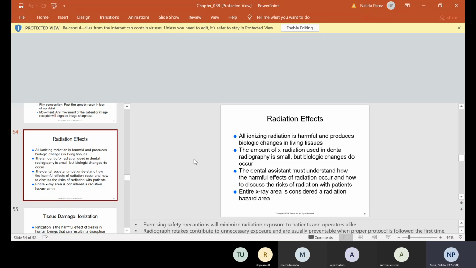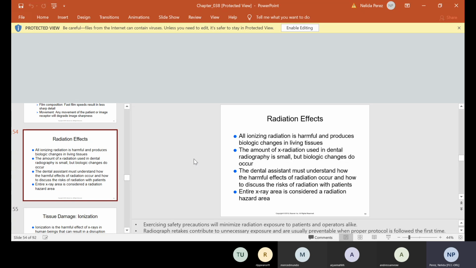Now, radiation effects. All ionizing radiation is harmful and produces biologic changes in living tissues. The amount of X radiation used in dental radiography is small, but biologic changes do occur. The dental team must understand how the harmful effects of radiation occur and how to discuss the risks of radiation with patients.